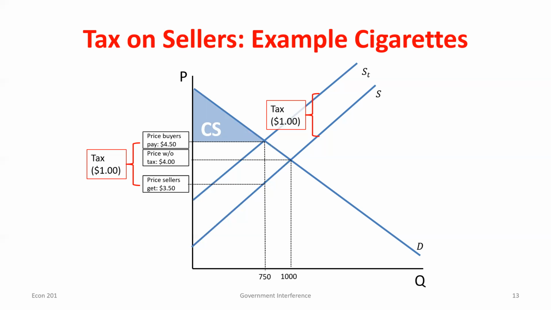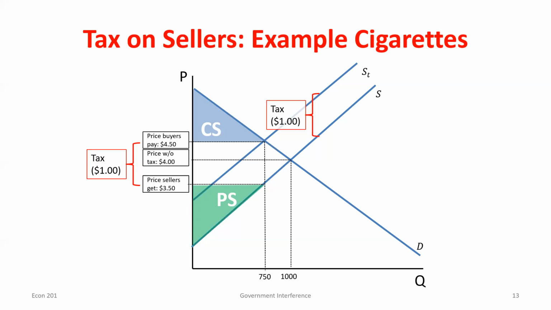So now the producer surplus is the difference between the price the sellers keep and our supply curve. It changes a little bit, because before we used the same equilibrium price to compute both areas. Now we need to know there's a difference between the price consumers pay and the price sellers keep, and the difference between those two should just be the value of the tax.